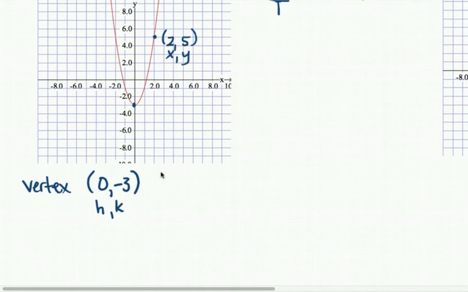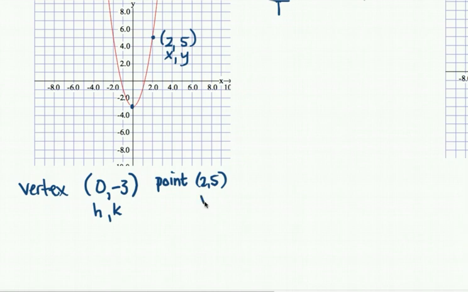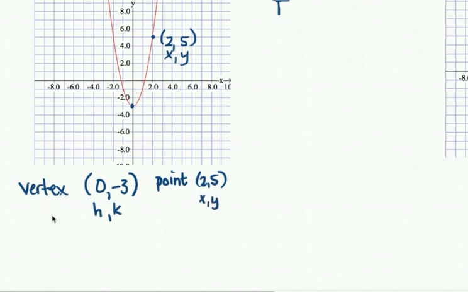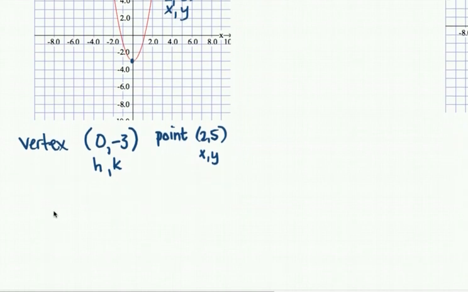Okay, so we have a point 2, 5. Okay, so we have our vertex and we have our point.